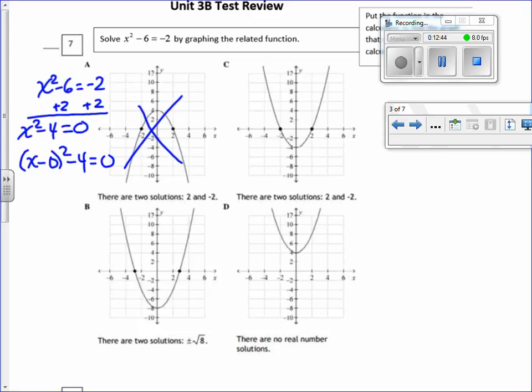The vertex is going to be at what number on the y-axis? Yeah, negative 4. You can count it right off your graph. If you just count down, it's down 4. So which one of these is down 4? C. The vertex is wrong.